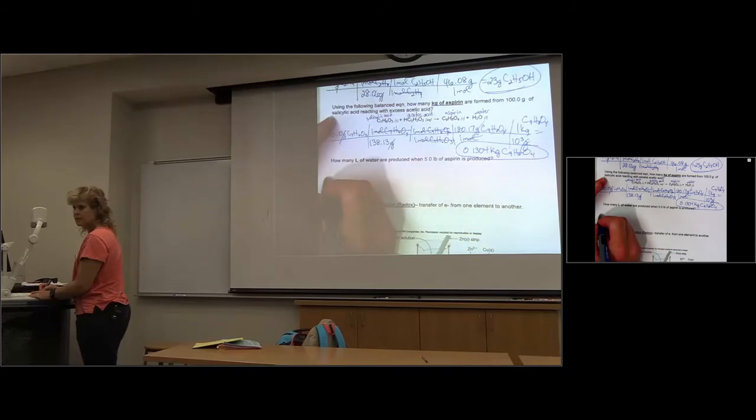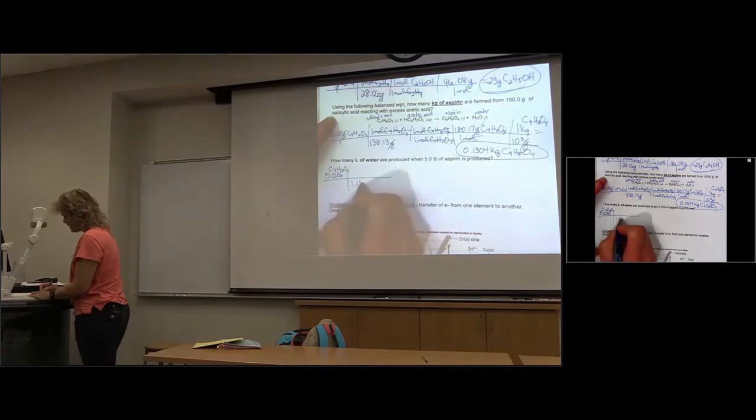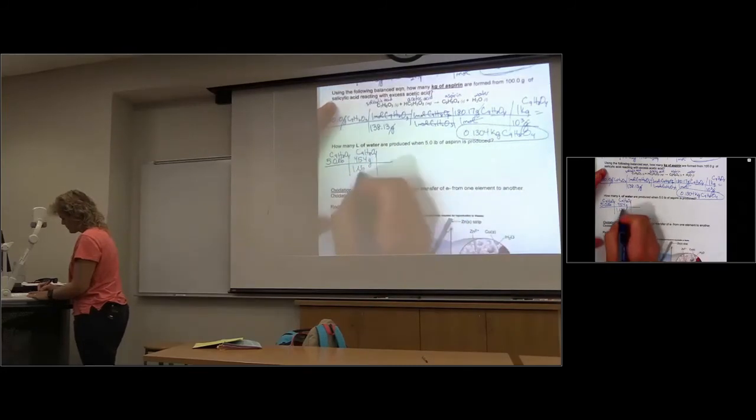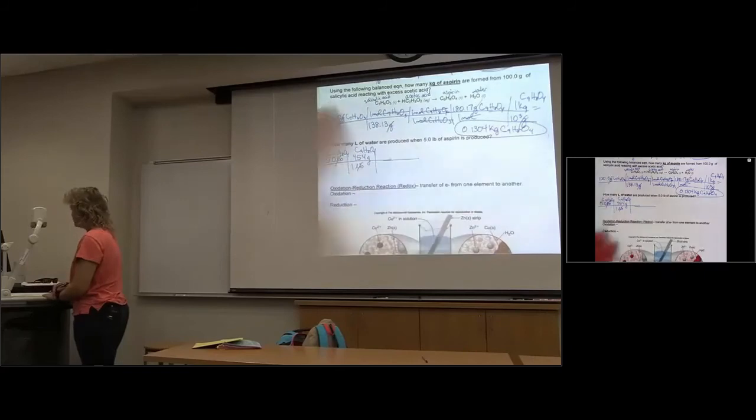What's my first thing? So 5 pounds of aspirin. 1 pound is 454 grams. Now what?